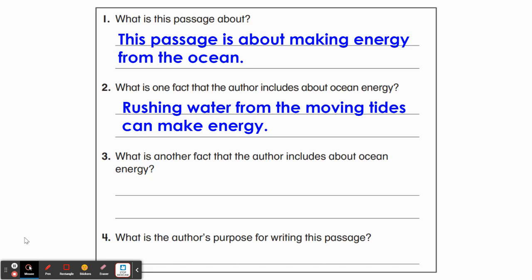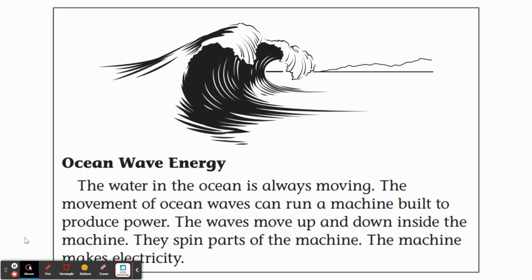Number 3. What is another fact that the author includes about ocean energy? Well, this time I will look at a different section. I'm going to look through the section titled Ocean Wave Energy. What did we learn about in this section of the story? Well, we learned that the water in the ocean is always moving and that the waves move up and down.